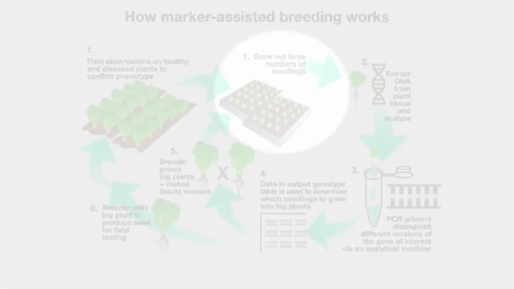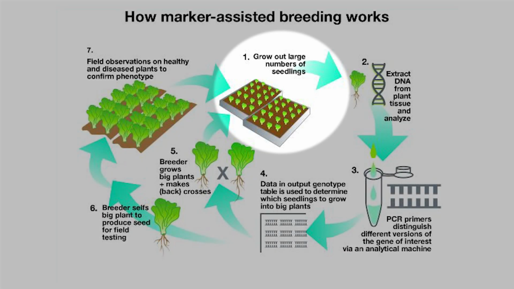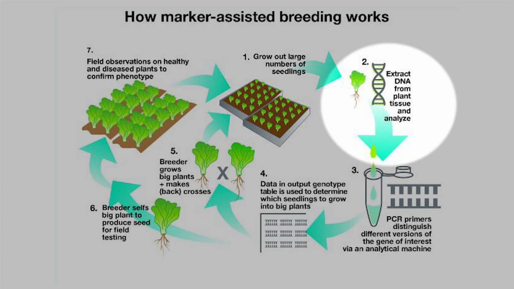The way marker-aided selection works is you can analyze the genotype of a very young seedling. You don't have to grow the whole plant up. So what happens is the breeders will grow up large numbers of seedlings, and they will take a small part of the tissue and send that off to the lab.